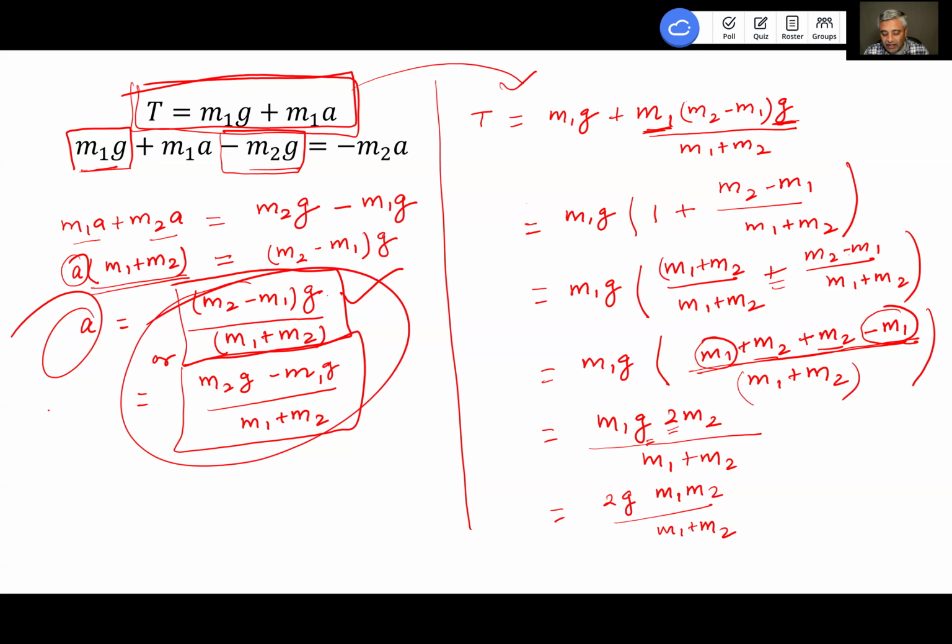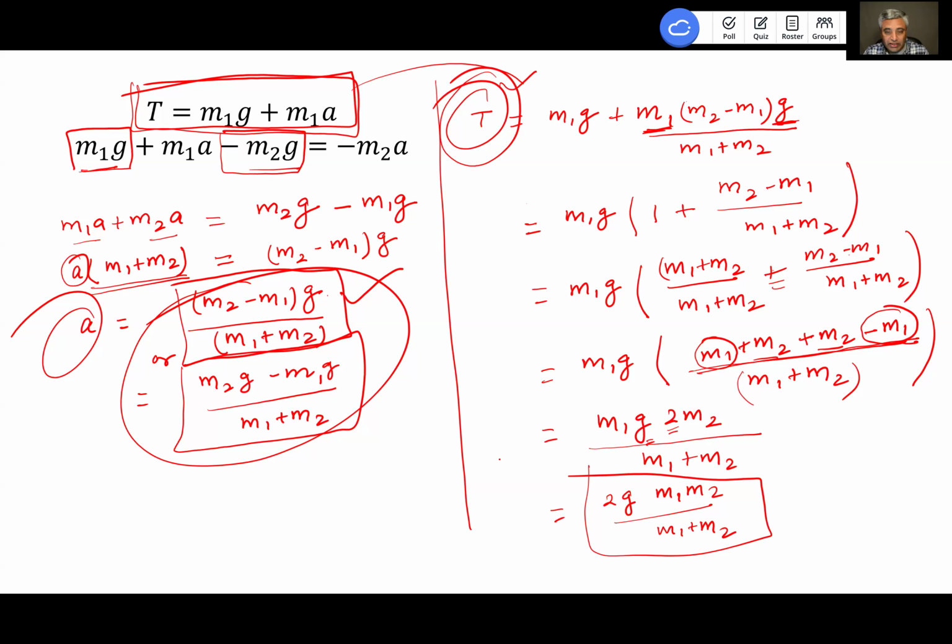Okay. And then you can choose a suitable rope that does not break. So you can calculate tension for those masses. So you can design an elevator that way. And of course, there are this kind of setup even in windows.